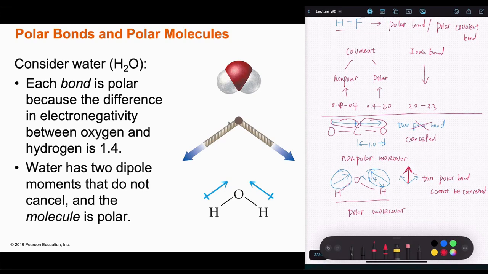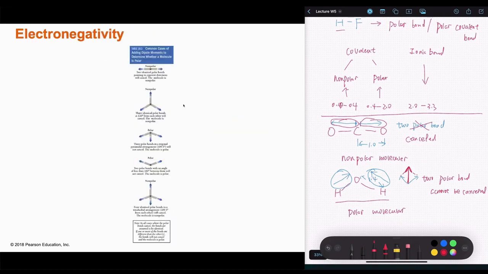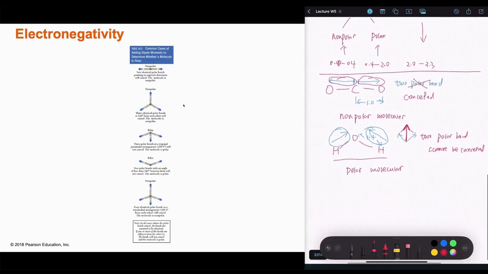Okay. Now, this is actually how we determine whether a molecule is polar or non-polar. First we need to make sure there are polar bonds within this molecule. If all of the bonds within the molecule are non-polar, then this molecule will definitely be a non-polar molecule.